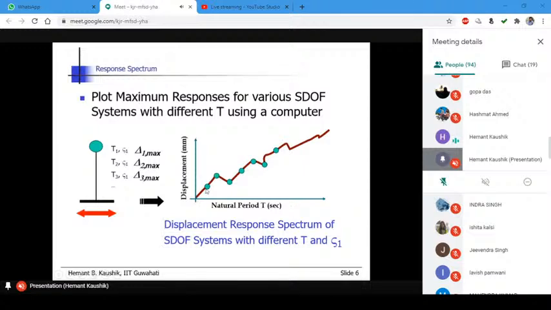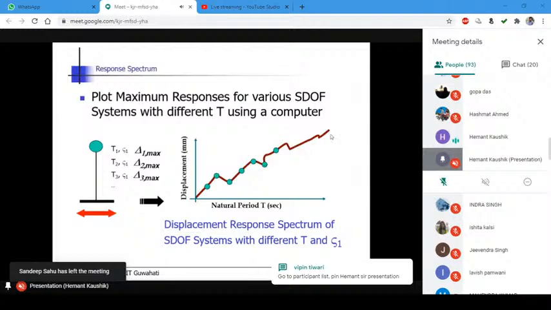This is my first point, delta 1 max, this is my second point, delta 2 max, and delta 3 max, so on and so forth. I'll do this hundreds of times, thousands of times to get this entire curve, the entire spectrum.